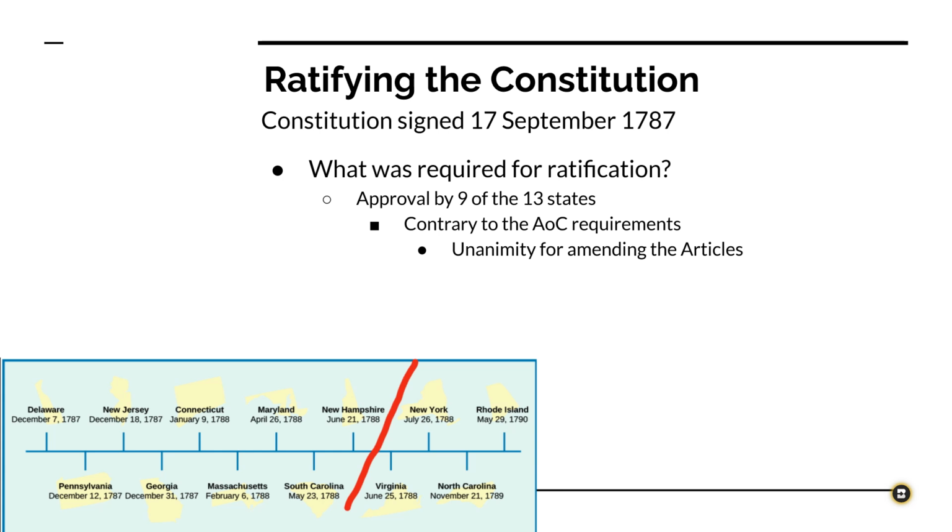Obviously, they got away with it. And ratification was achieved on the 21st of June in 1788. Again, that specific a date is just to help you understand that there was roughly 9 months between signing and ratification.